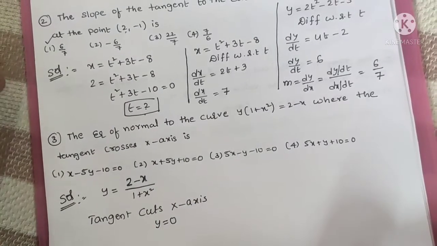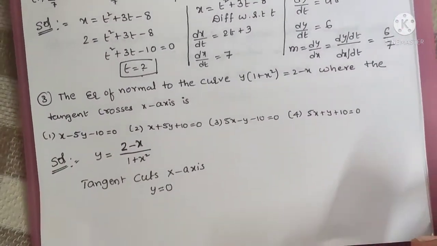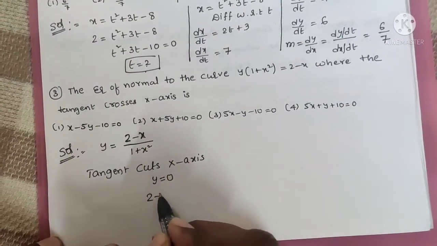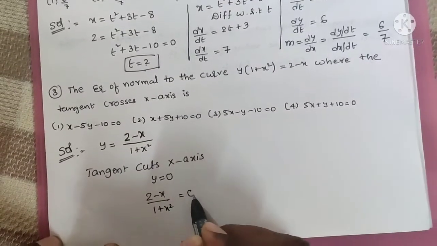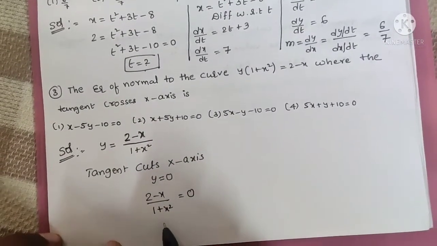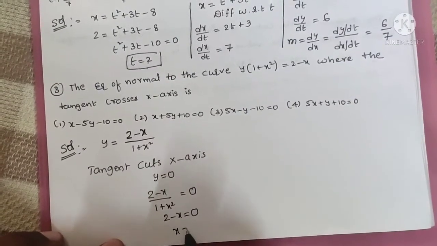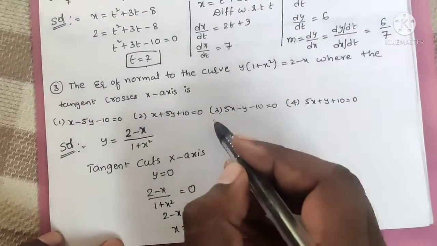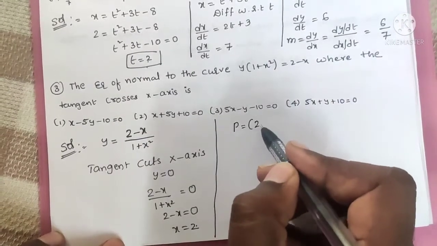What is y? 2 minus x by 1 plus x square, that value is equal to 0. Now, 2 minus x by 1 plus x square is equal to 0. If you cross multiply, what will we get? 2 minus x equals 0, then x is equal to 2. Then finally we know the x value and y value, therefore the point will be (2, 0).